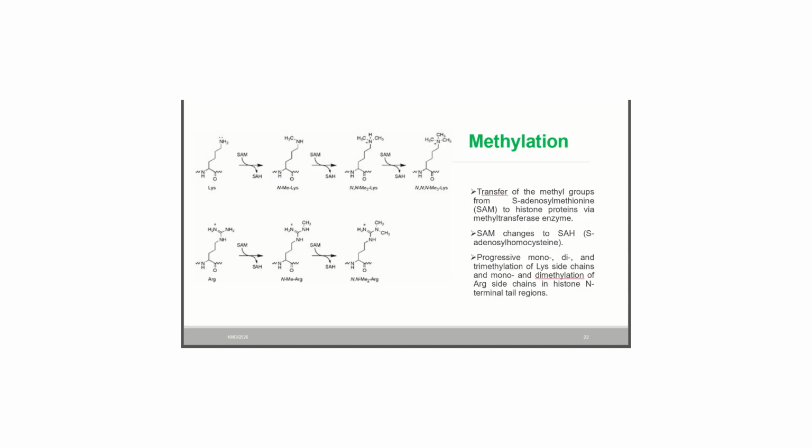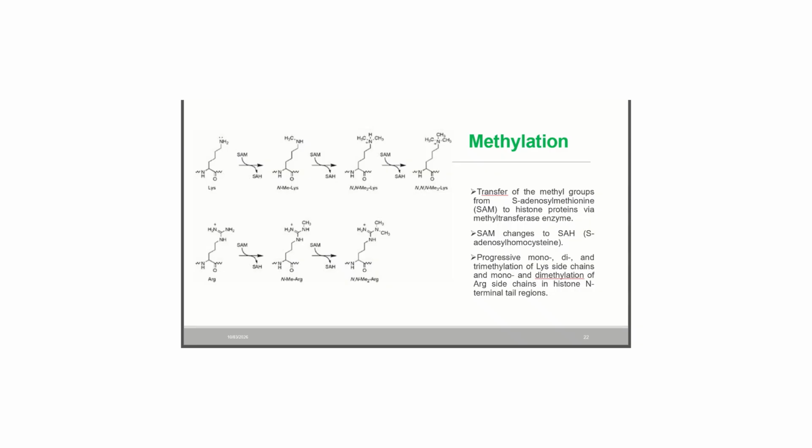So it's progressive from mono to di and trimethylation of lysine side chains, and mono and dimethylation of arginine side chains in histone N-terminal tail regions. So it's not only one methyl group that could be added.